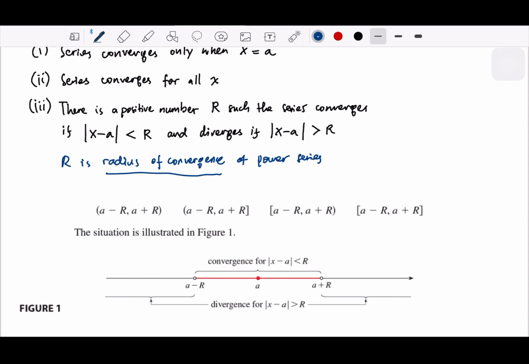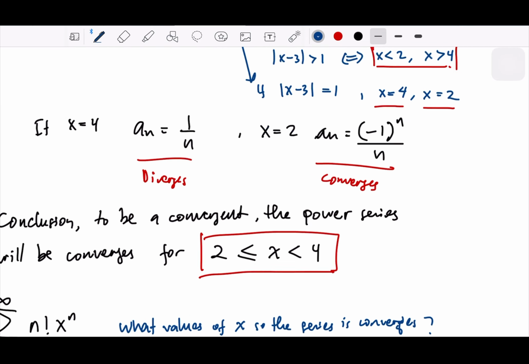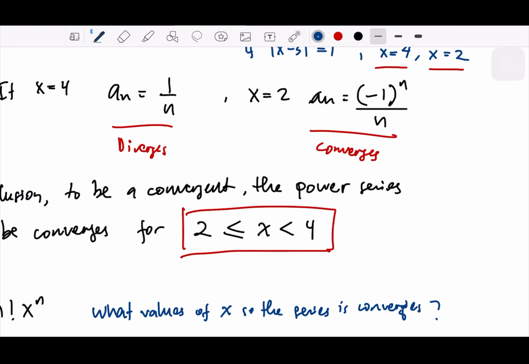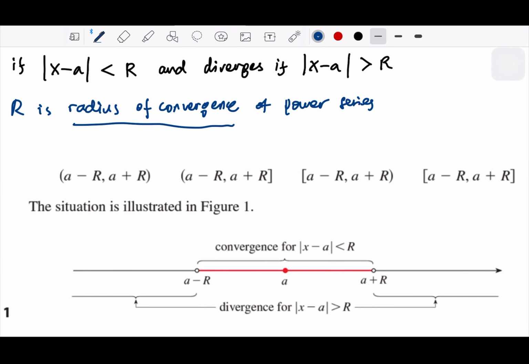For example, this one and this one is the radius. This is the number a that is in our observation. There are several possibilities, depending on what we did. Like the previous example, we have this, which includes the left endpoint. And there are more possibilities, depending on the cases.